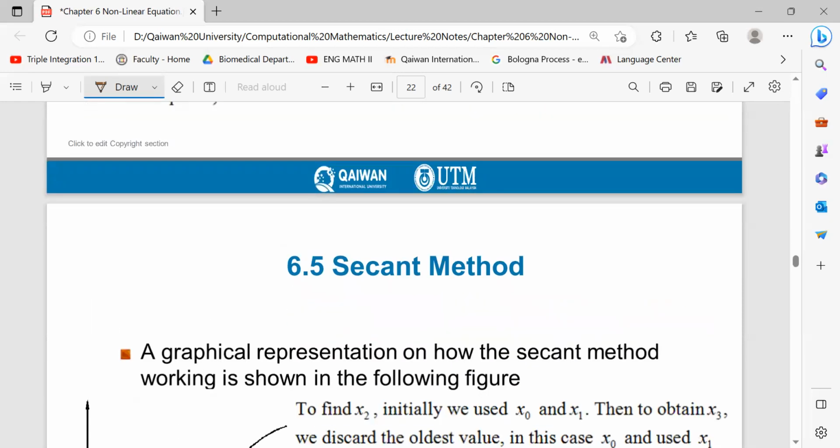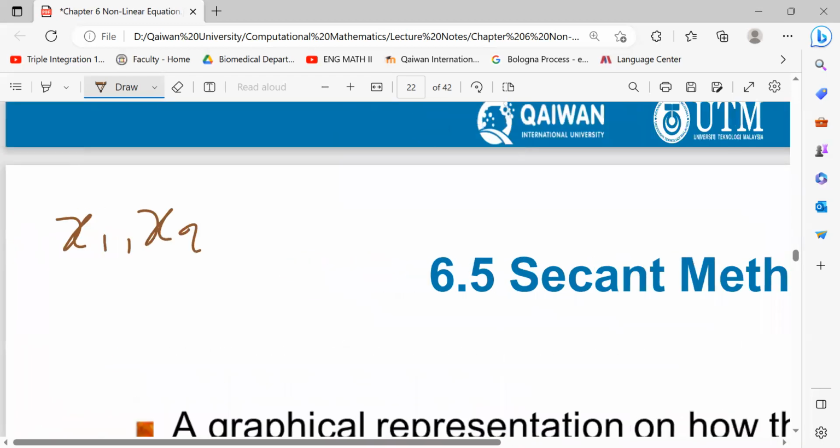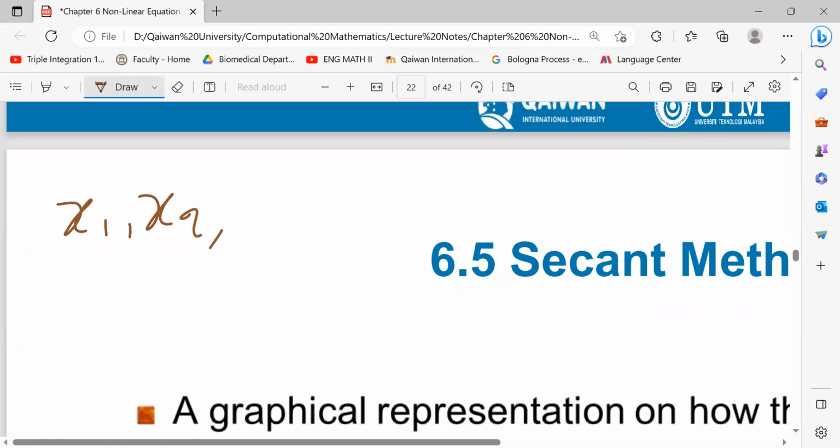Here, you must have 2 points. Let's say x1 and x2 are given. From these two, we find x3 by using the formula.